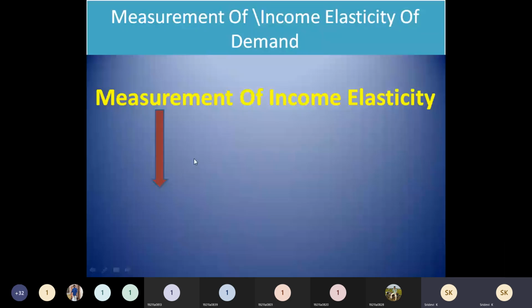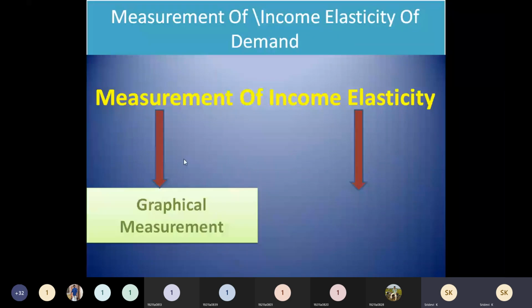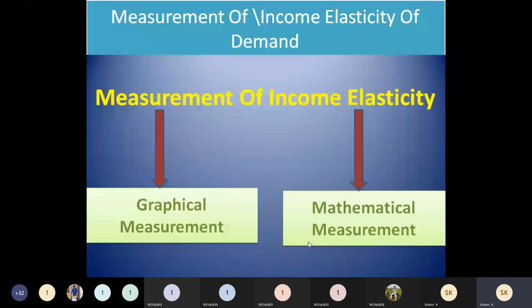Okay. So graphical measurement and mathematical measurement we are going to use. As we did in price elasticity, where you measure the price based on 5 types, here also we will use the same 5 types to measure the income elasticity.